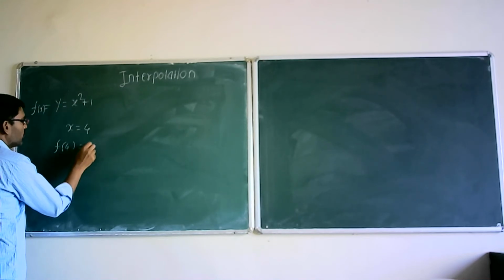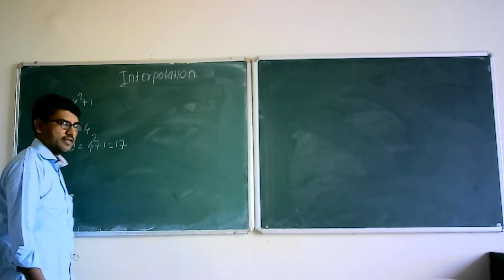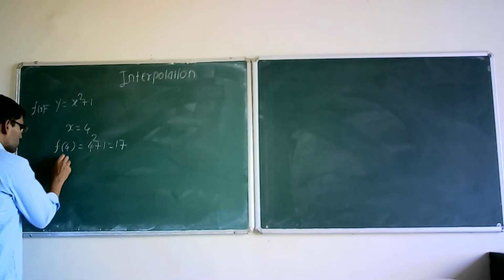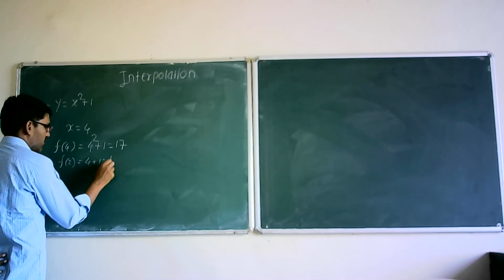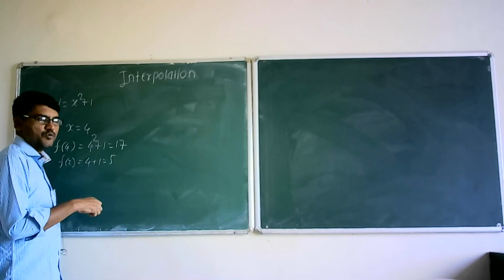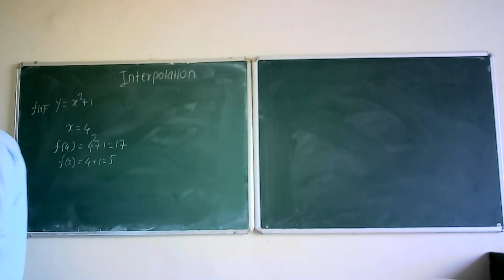You will get f of 4 is equal to 4 square plus 1, which is 17. Or you can determine f of 2 also. Then f of 2: 2 square is 4, 4 plus 1 is 5. So if you know the function, then you can easily find the value of y, if you know the explicit function of f of x.